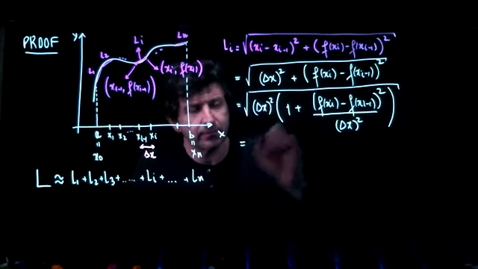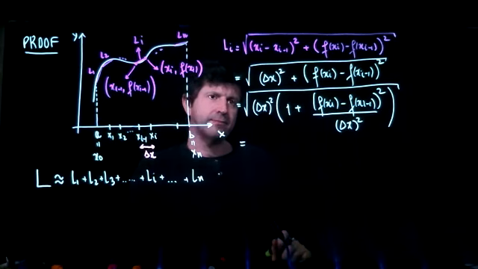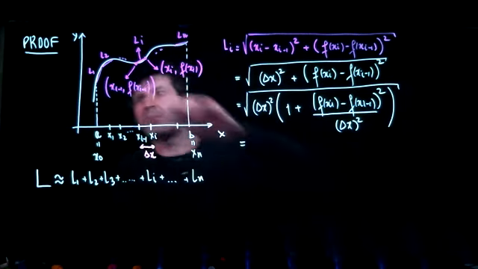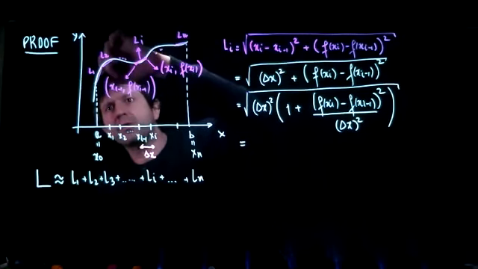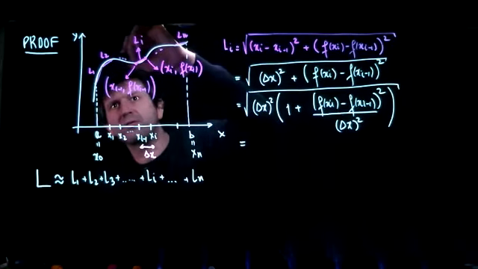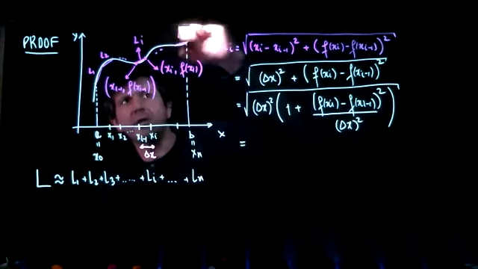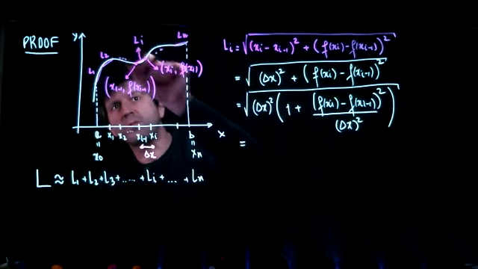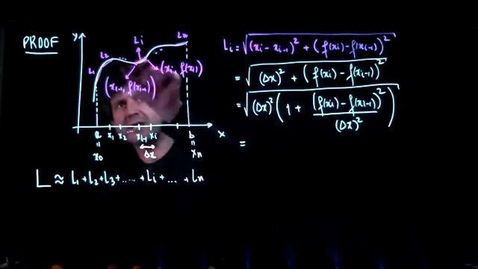Equals. Sir, please, could you re-explain why we use the distance between 2 points to find our Li? Why or how? Why? Because, remember, my goal is to find the length of this curve, right? I'm trying to find the length of the curve. So I'm going to cut the curve into small pieces and find all these little lengths and add them.